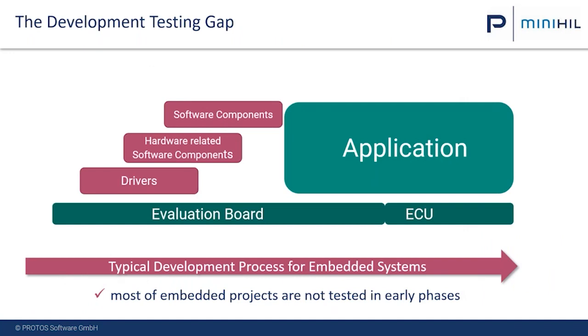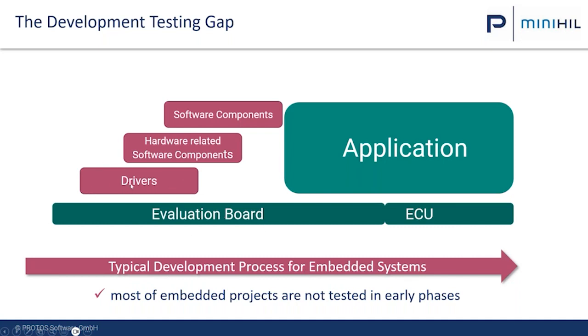One of the biggest problems for embedded testing is that we have a huge gap in the areas where we actually can test. So let's have a look at the development process for an embedded system. You start, for example, on an evaluation board with your project.